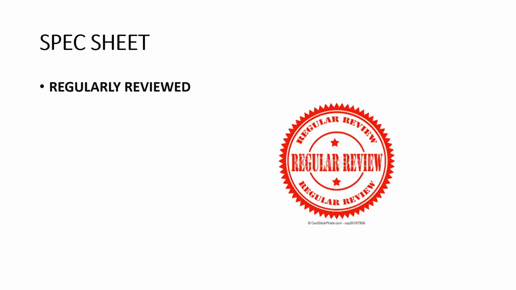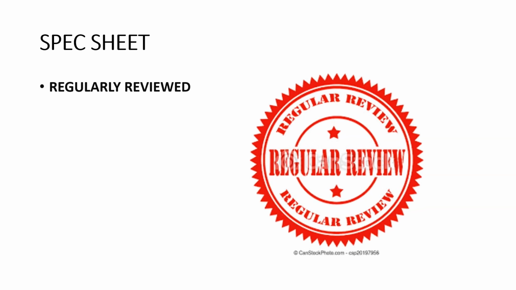So the buyer must be satisfied with it, and the factory must comply with all the information or all the changes that are required. So amendment or review is a must in this specification sheet whenever it is necessary.